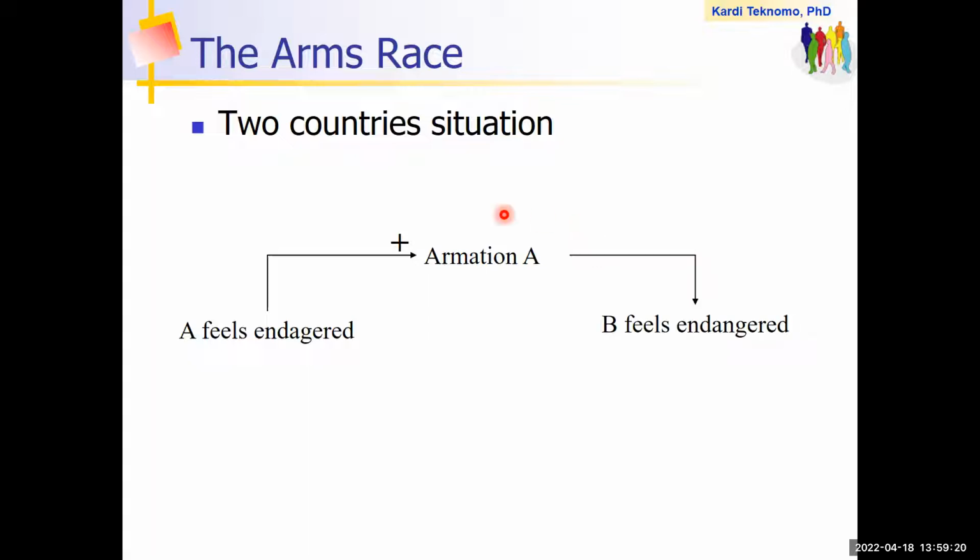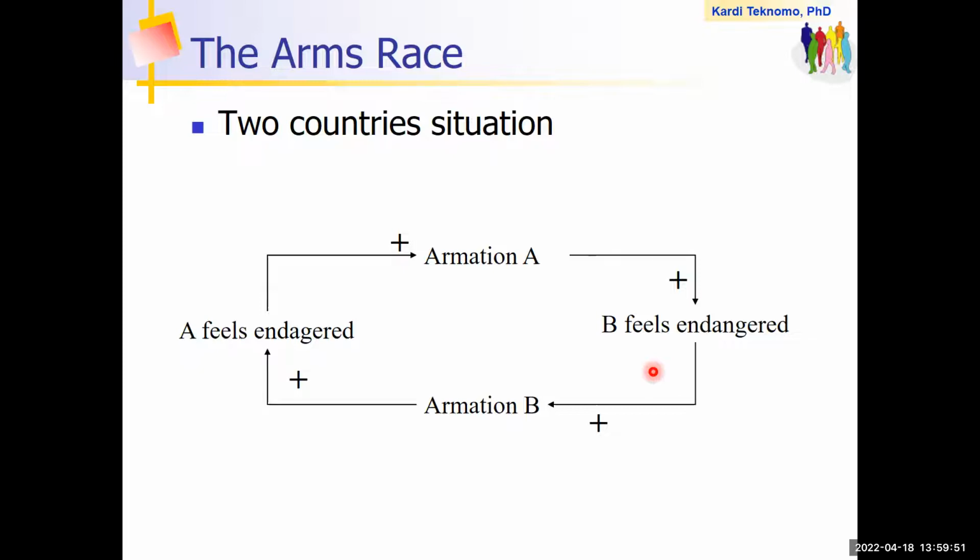Because country A increased the armament, country B feels in danger. The more country A increases the armament, the more country B feels in danger and increases its armament. And then the more country B increases the armament, the more country A feels in danger, and increases again the armament.